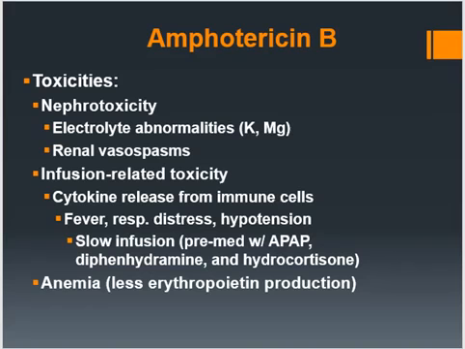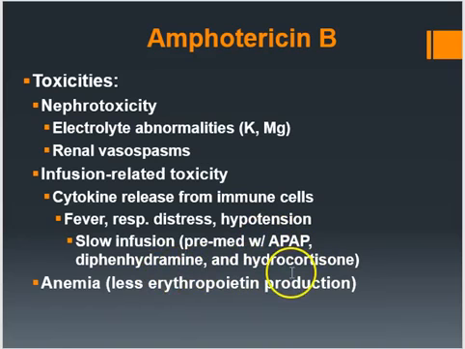You can also see an infusion-related toxicity when you IV administer this drug. You can get a cytokine release type syndrome from various immune cells. That looks like fever, in some cases respiratory distress, in some cases hypotension. In order to reduce the incidence of this infusion-related toxicity, we can give patients a slow infusion of amphotericin that's been pre-medicated with APAP, which is Tylenol or acetaminophen, diphenhydramine, which is Benadryl, and hydrocortisone.